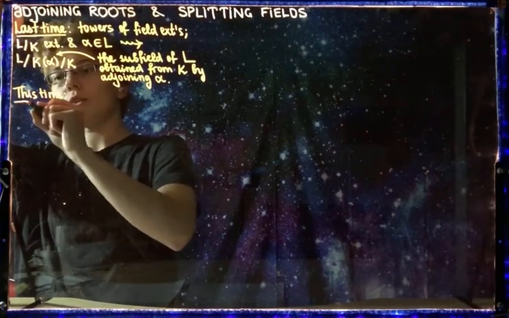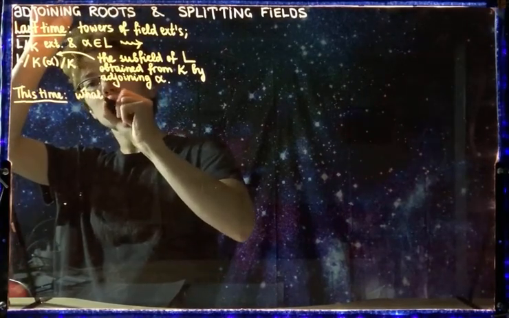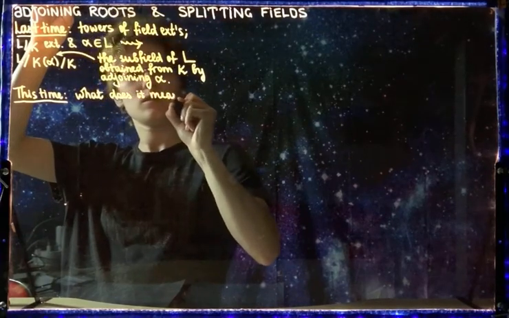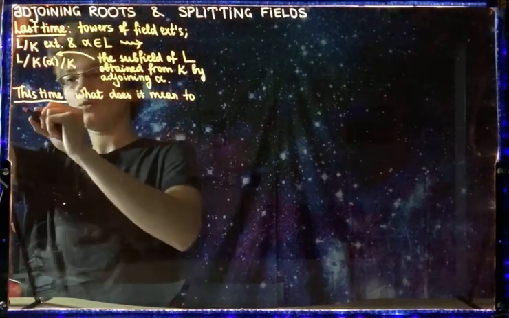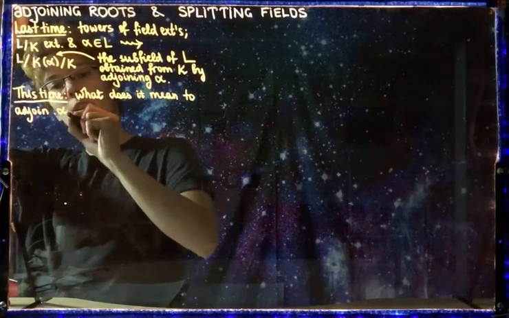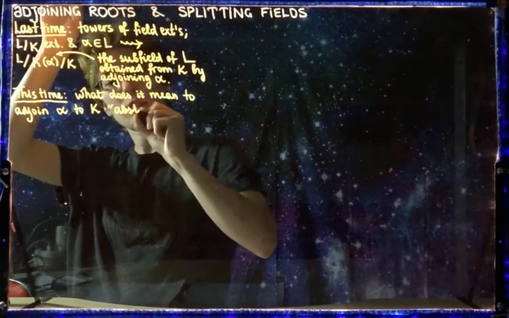This time we will talk about what it means to adjoin alpha to K abstractly.